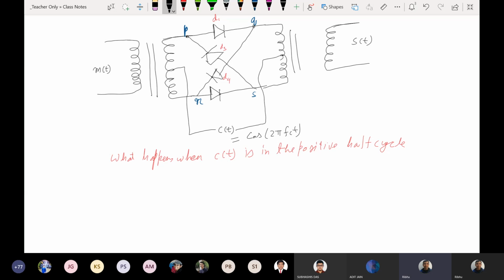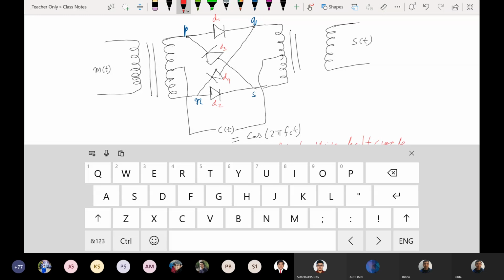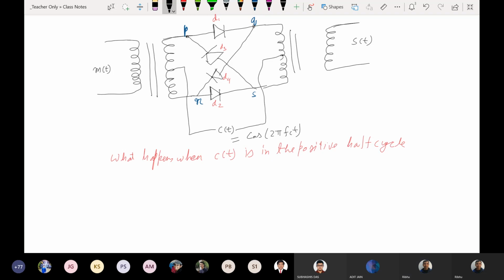You can tell me in terms of these diodes D1, D2, D3, and D4. Assume again that c(t) is large enough so m(t) being positive or negative doesn't affect you. It's only c(t) that matters. Based on that, tell me.